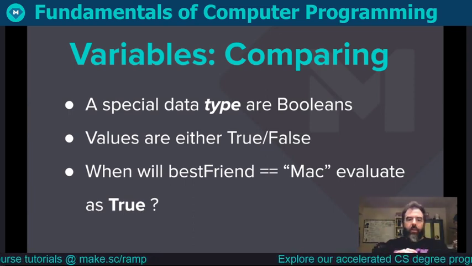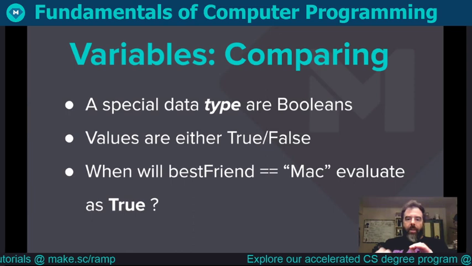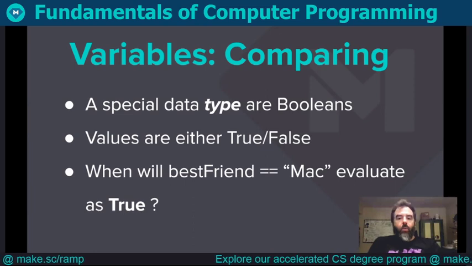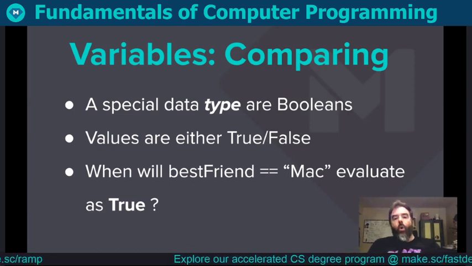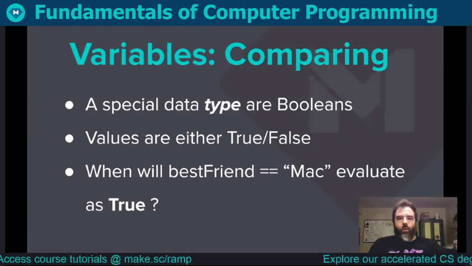If they're different, it'll return false. We're not using this yet, but I'm introducing this now because we assign variables using the single equal sign operator. We use the double equal sign operator for something else, and this will trip you up at some point. You will mix these up. No matter how careful you are, this will happen. Or it'll happen to someone else, and maybe you'll be their hero, and you'll find it. Who knows?